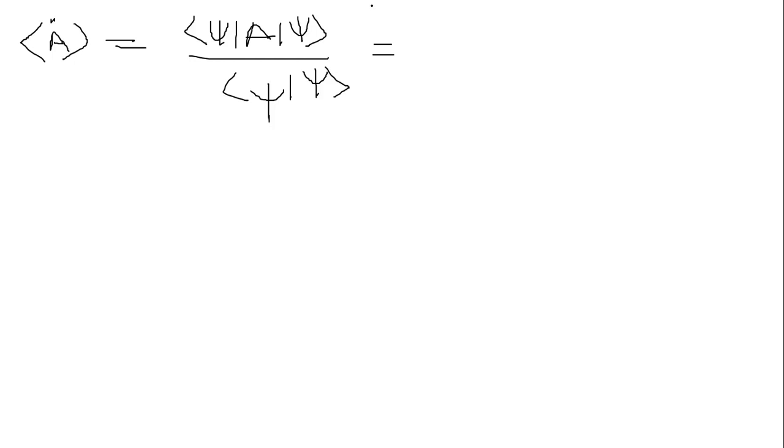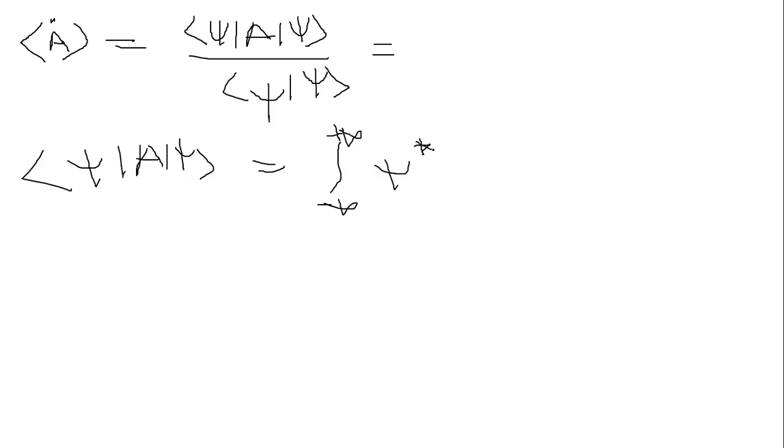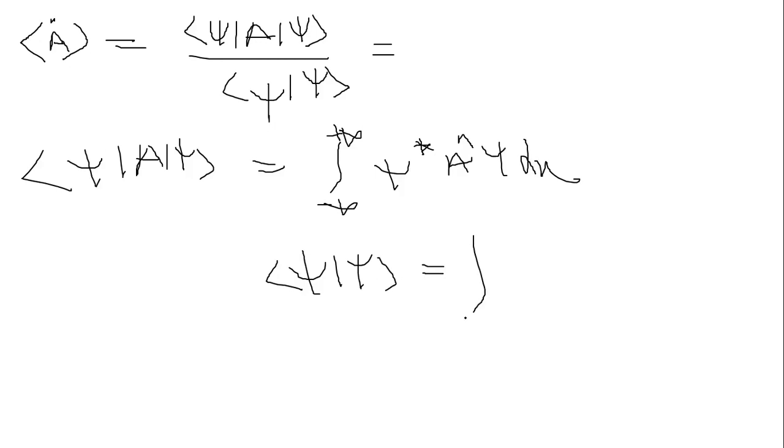Here, when we write <psi|A|psi>, it is nothing but the integration from minus infinity to plus infinity of psi star A cap psi dx, and <psi|psi> means the integration from minus infinity to plus infinity of psi star psi dx.